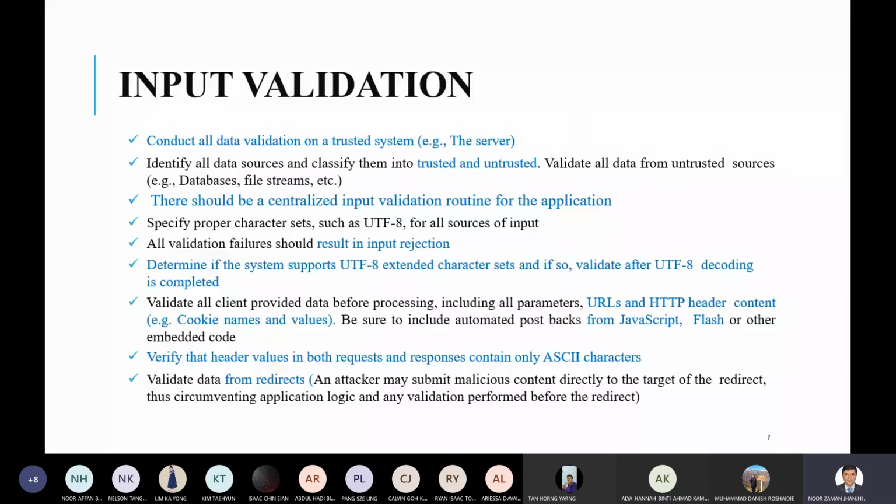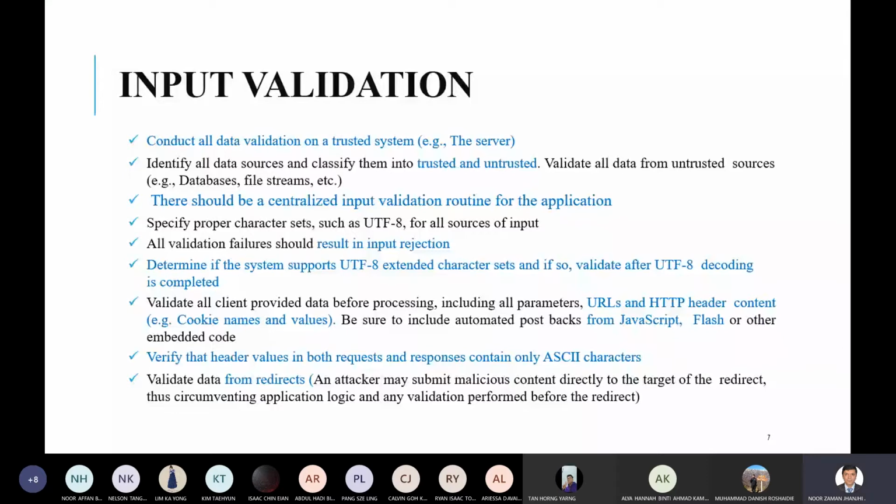and output validation. In input validation, you see how many things are important. We need to conduct all of the validations for the client and for the servers as well. We need to identify all of the data sources and clarify that they are coming from trusted resources. If they are coming from untrusted resources, we have to know about that, and we have to make different zones for them.